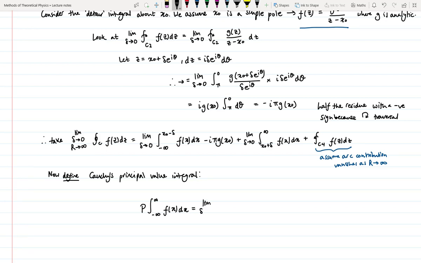This is defined as the limit, as delta tends to 0, of the terms in the line above which have delta in their integration limits. This is our definition of Cauchy's principal value integral, and I'll put this in a red box.